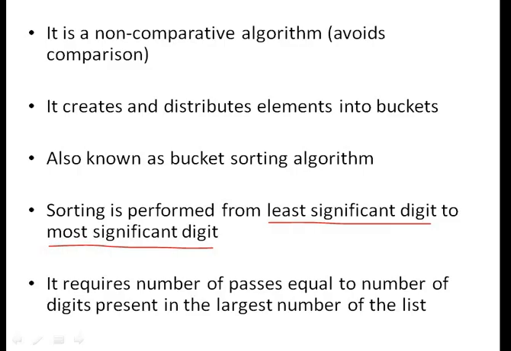For example, if you have 10 numbers in the list, you have to find the largest number and find the number of digits in it. That many passes we have to do to sort the list. The passes are not related to the number of elements here. In all other algorithms, the number of passes depends upon the number of elements.